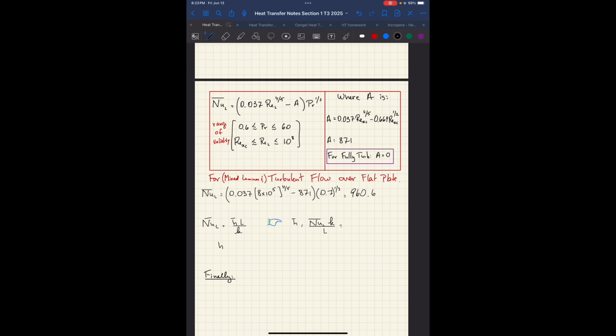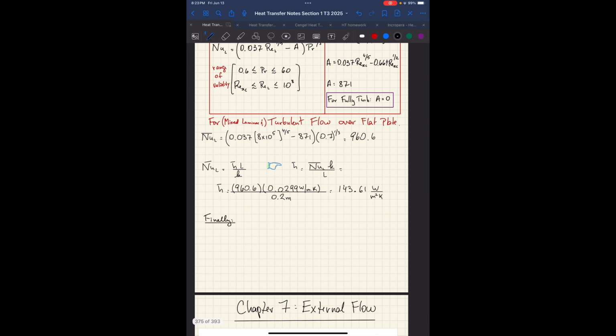So let's plug in the numbers. So H bar becomes 143.61 watts per meter squared Kelvin. Finally, we can just calculate Q. And you can, at home, make a prediction if it'll be larger or smaller, just for fun, just to see.